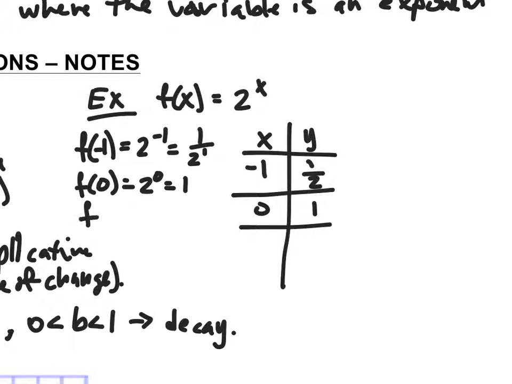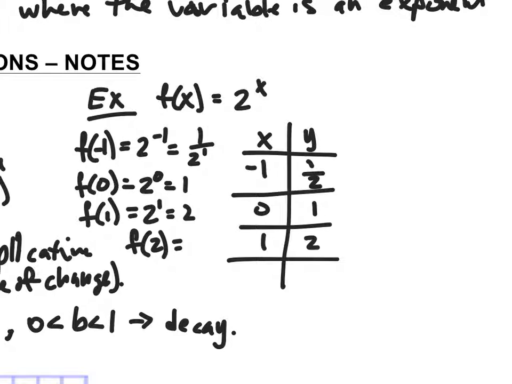If I do f of 1, it's 2 to the first power, which gives me 2. If I do f of 2, it gives me 2 squared, which is 4. And f of 3 is 2 to the third power, which is 2 times 2 times 2, which is 8.